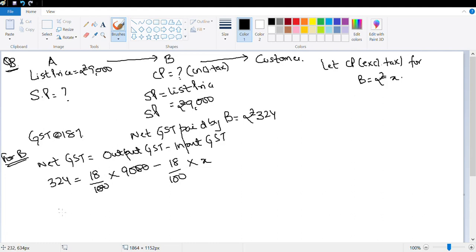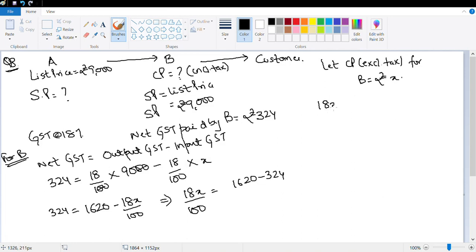Okay, and then I have 324 is equal to 18 into 90. That's 90, 72, that's 162. So that's 1620 minus 18x upon 100. Okay, which means there's a simple equation. So 18x upon 100 is equal to 1620 minus 324, which is 1296.